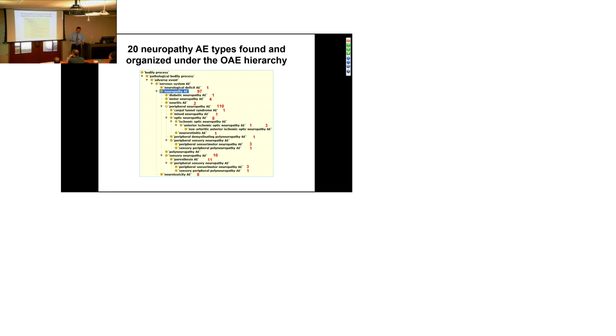Then again, let's see. We look for all the adverse events, and we find all the drugs. There are so many drugs, and they are inducing different types of adverse events. So we put them in the structure of OAE. And we can look for this is NDFRT, sorry. Look for the roles.